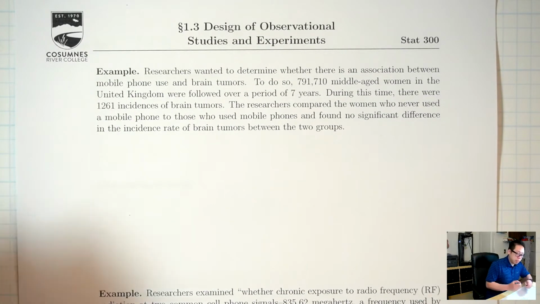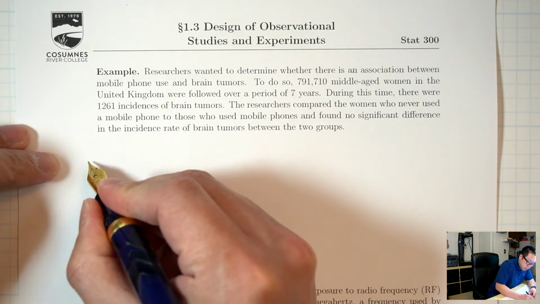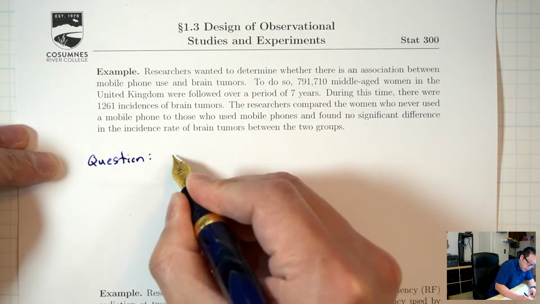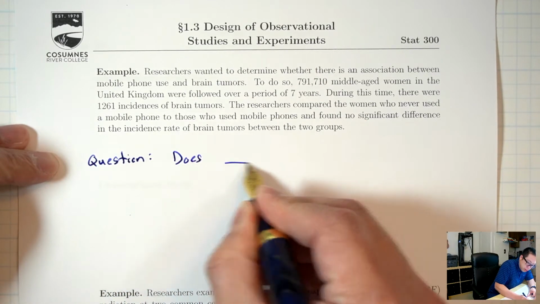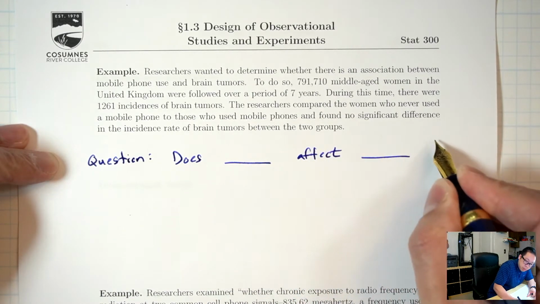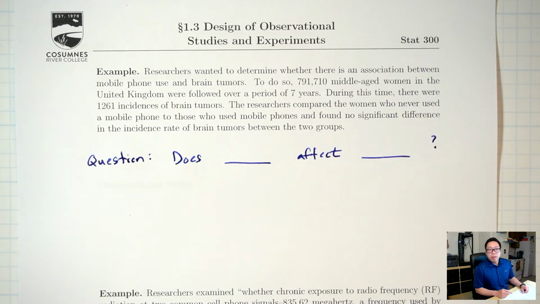They're both asking, does something affect something else? Both of these examples are asking, does cell phone use affect brain tumors?